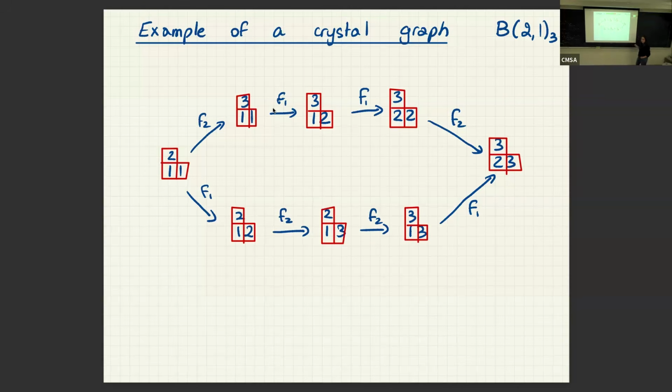So this is the unique tableau that won't have any edges coming towards it. Otherwise, I can build this graph for any shape and any n. I don't tell you the representation theory part of the story, but this is how you can study the representation of SL_n thanks to this crystal graph.